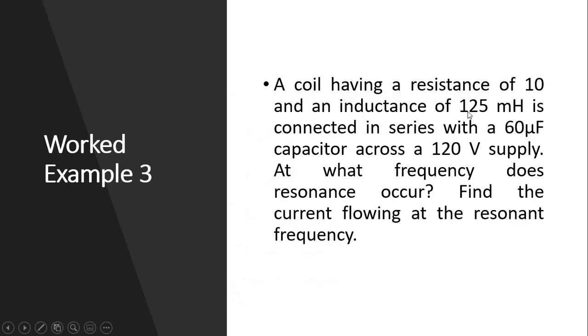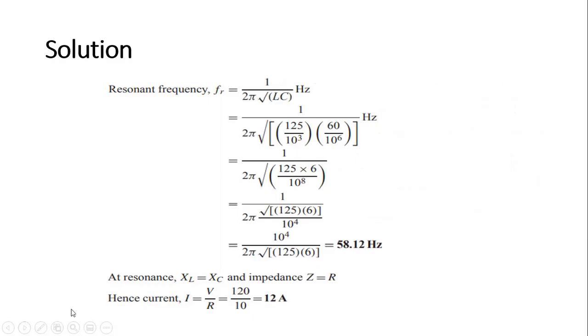Our L is 125 millihenry, and the other one is 60 microfarad. When you are doing your calculation, you don't need to do it the way they are doing it. You can press your own calculator and put the values, but they want to try to use indices. That's why you are seeing it like this.